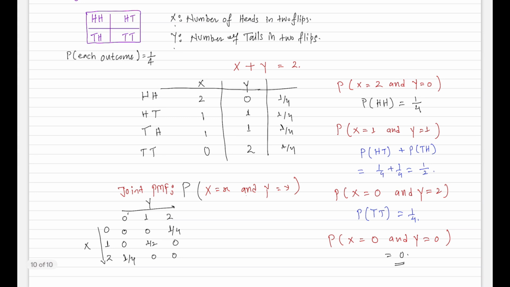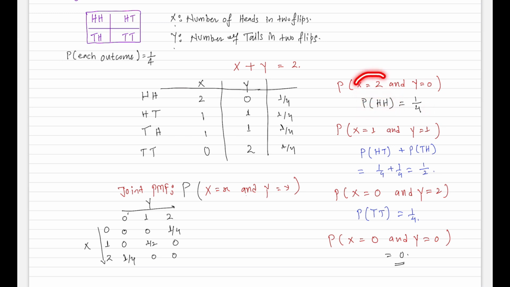Now similarly, in case of the joint PMF, maybe this event will occur, or maybe this, or maybe this, or maybe this, right? Any of the possibilities may happen, and if you add up all these probabilities, they will add up to 1, right? If you say that random variable x is taking the value 2, and simultaneously random variable y is taking the value 0, behind that what you are saying is that this event has occurred and it has a probability 1/4.